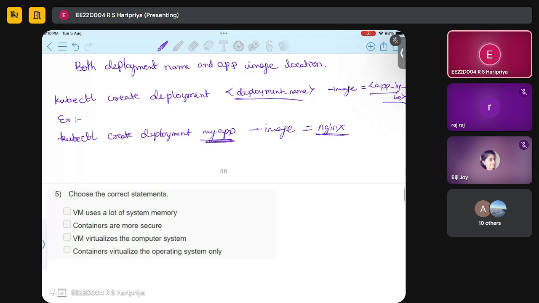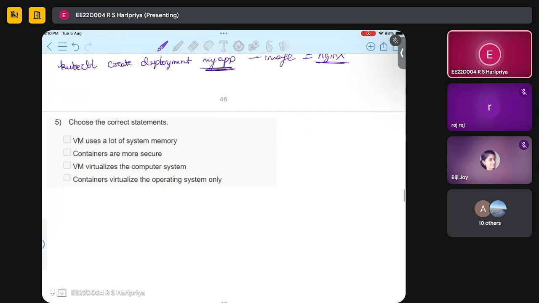Going to the next question. Choose the correct statements. So the correct statements are: VM virtualizes the computer system and the container virtualizes the operating system only.